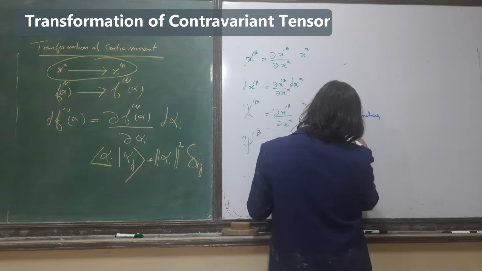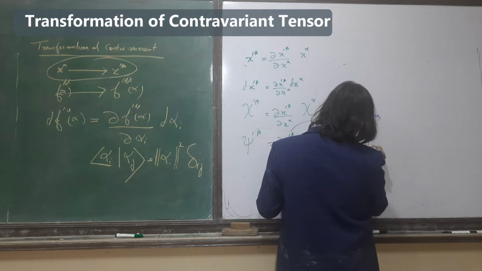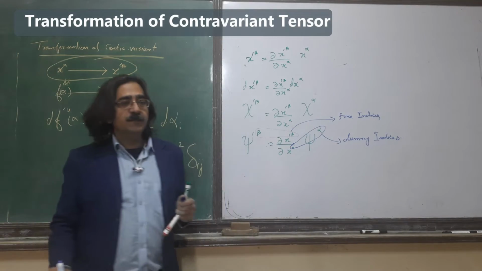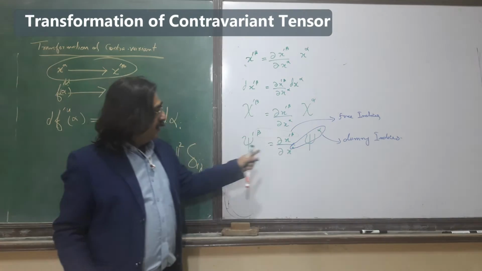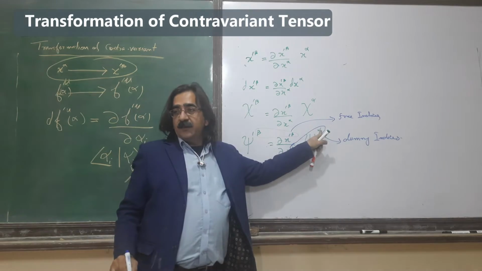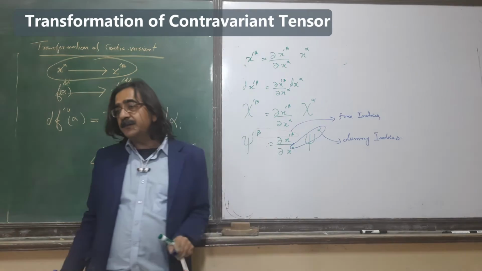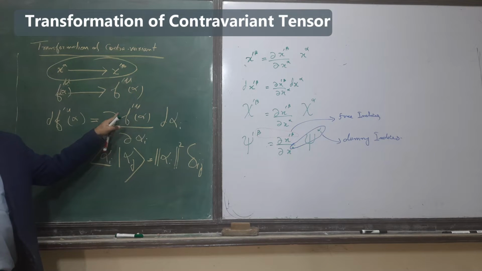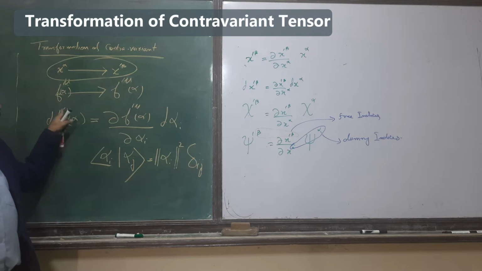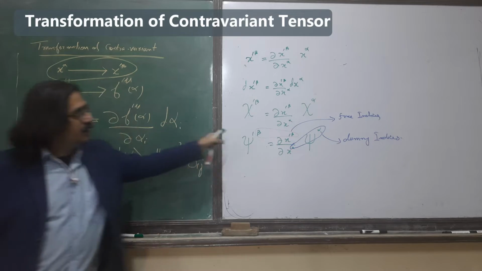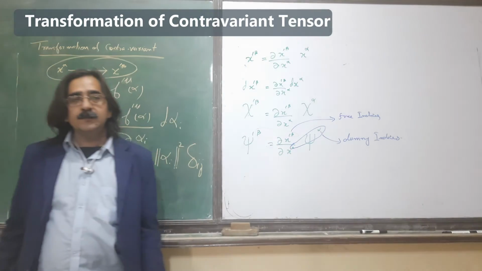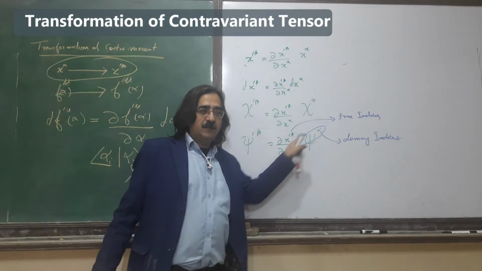That is the difference. This alpha is contracting with this alpha. This beta, as we have observed in the previous lectures, must be the same. Free indices are the same, and dummy indices are different.